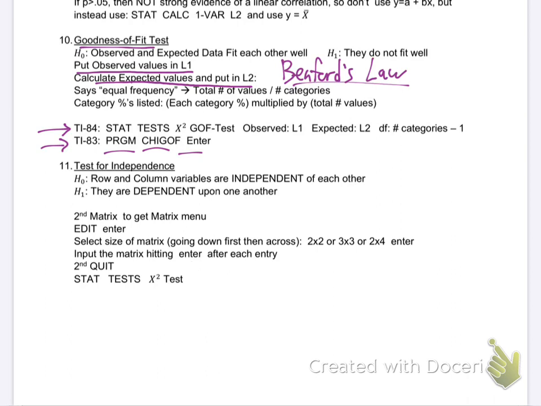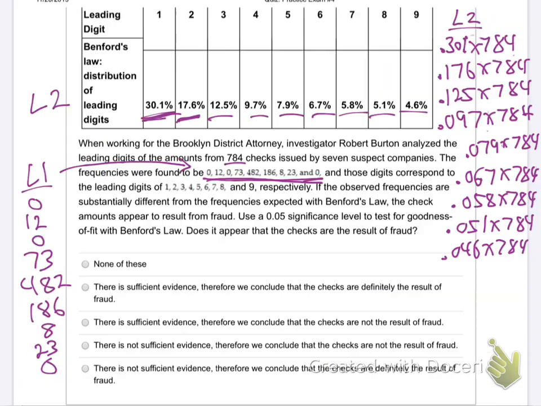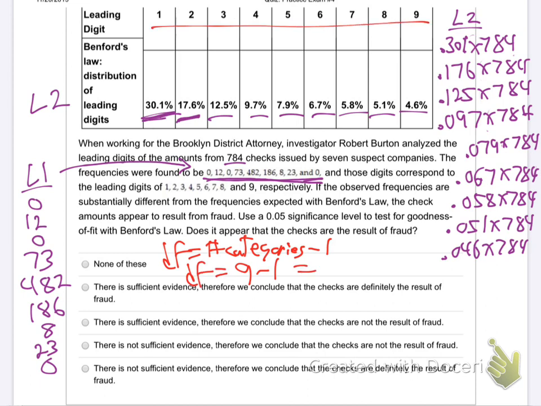For the people with the 84, stat test, chi-squared goodness of fit test, and you've got to know the degrees of freedom, which is number of categories minus 1. So it's going to be 9 minus 1, because there's numbers 1 through 9, right? So 9 categories, 9 minus 1, 8 degrees of freedom. Your TI-83, you don't need any of that.